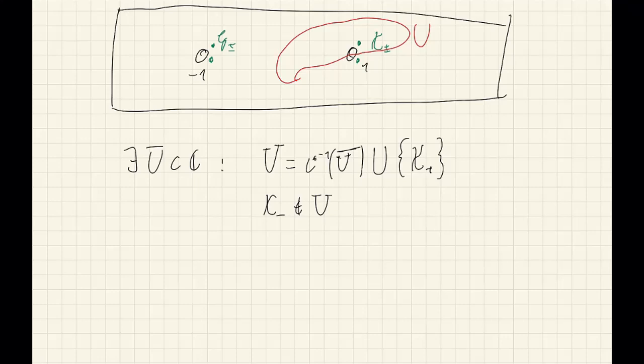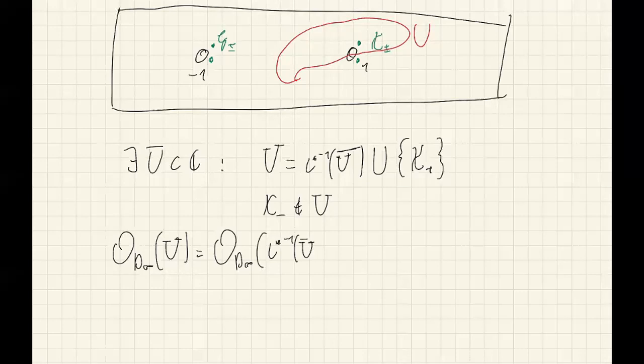So I define the algebra of holomorphic functions on U to be the algebra of holomorphic functions on a symmetric subset, which we defined earlier, plus C, the algebra of complex numbers.